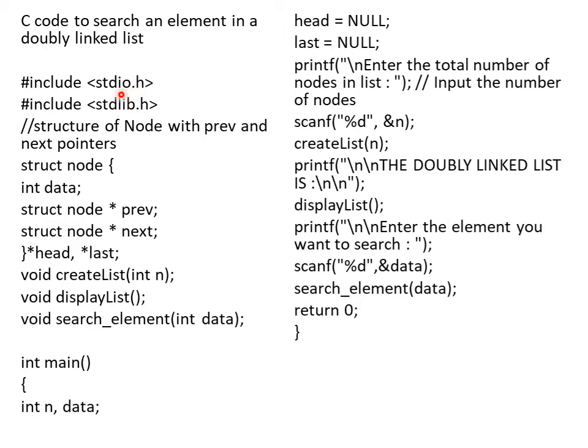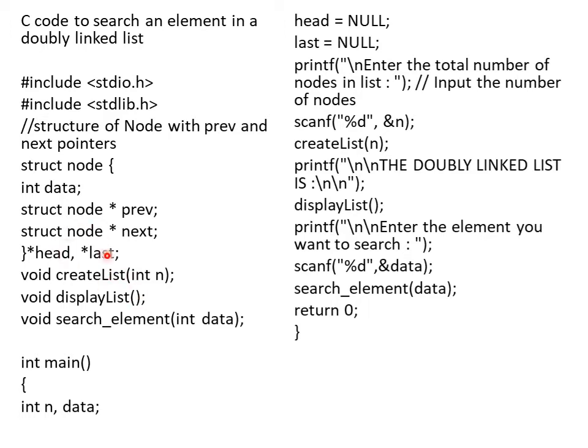These two are common. That is, I am writing a header file. Then I am declaring a node. Here the node consists of three parts. One is previous, then in the middle it is the element. Next is the address of the next node, and previous is the address of the previous node. In the center it stores the element.